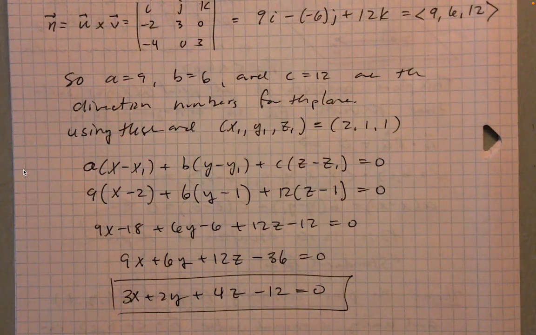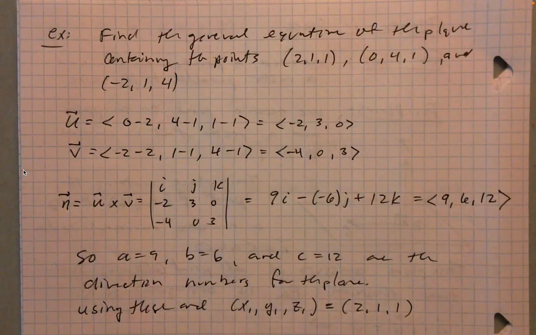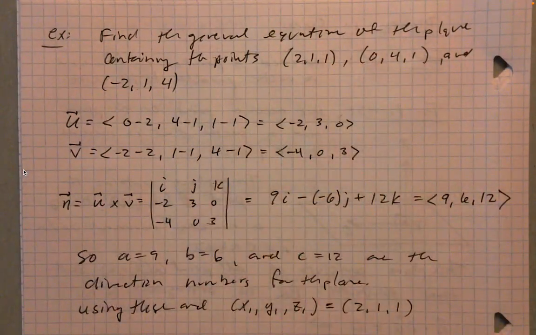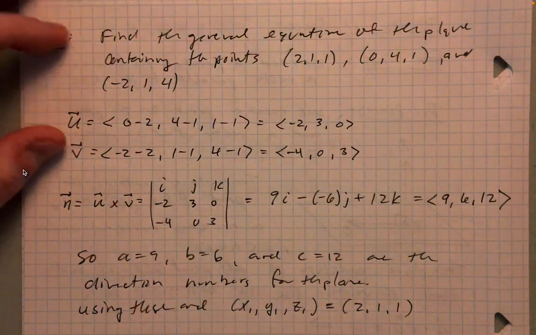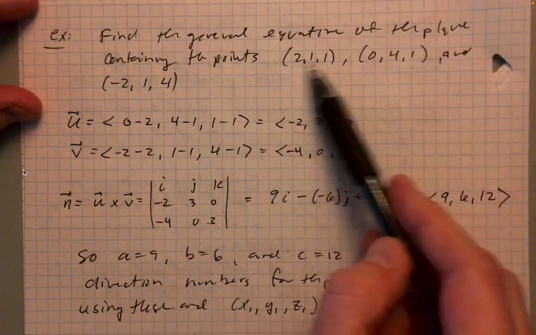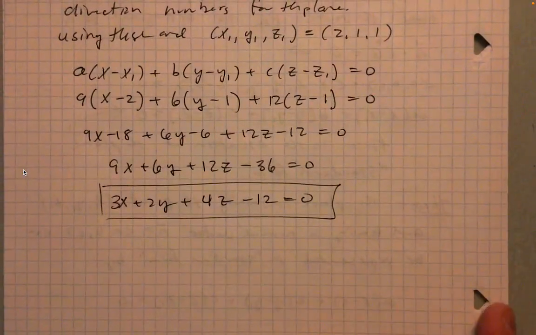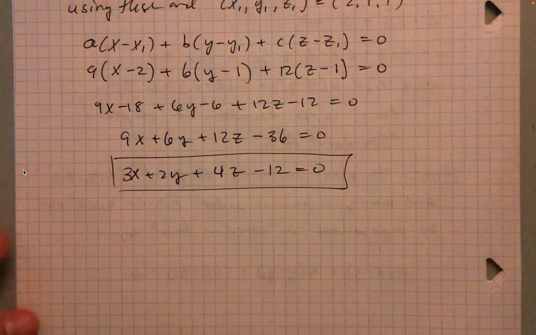Now we can confirm that we were given these 3 points at the onset, right? We could confirm that these points indeed satisfy this equation. So let's plug in 0, 4, 1, for example. We used this one to derive it, so let's plug it in just to confirm that this is indeed an equation for the plane.